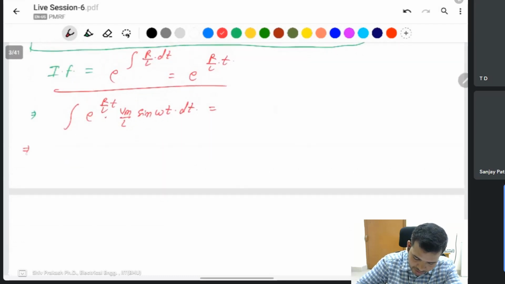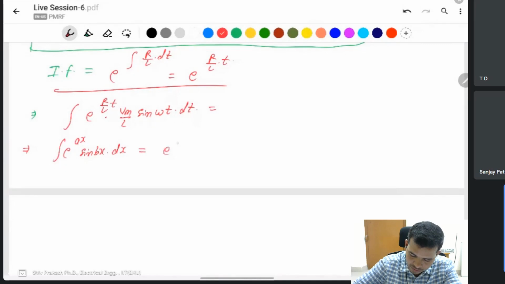You know about the integration of e power ax sin bx into dx, which is equal to e power ax divided by a square plus b square, into a sin bx minus b cos bx.